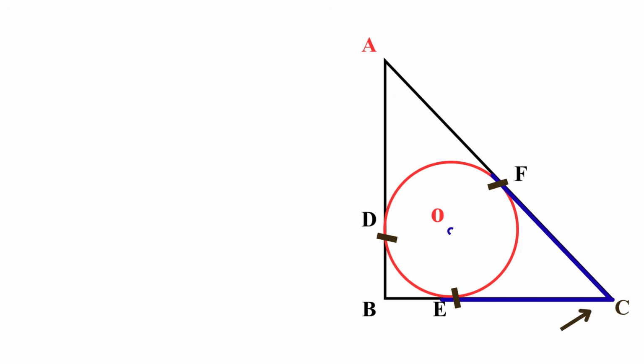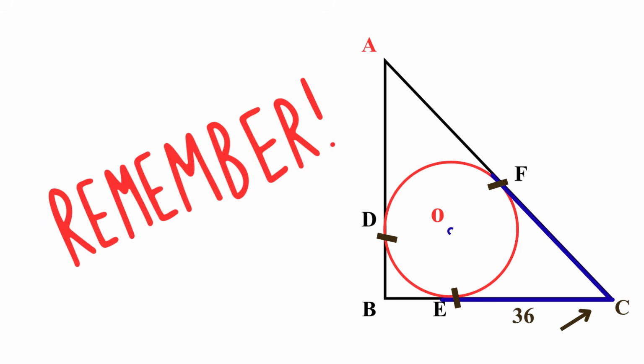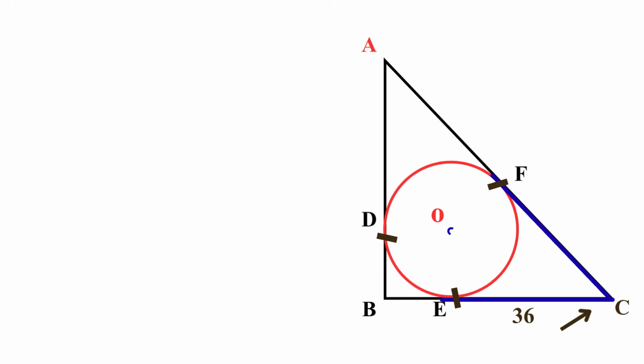So, we know that CE is 36 units, and when 2 tangents are drawn from the same external point, they have equal lengths. Therefore, CF is also 36 units.